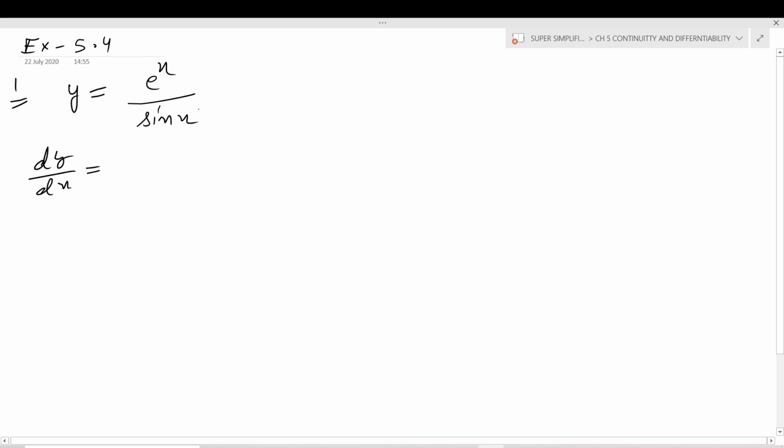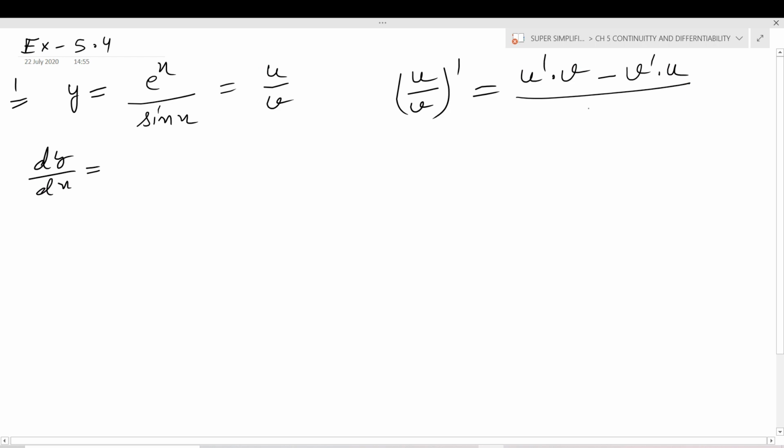You can call it u upon v, and let us remind the quotient rule: (u/v)' is equal to (u dash into v minus v dash into u) divided by v square. Hence the derivative will be: derivative of e^x is e^x into sin x, minus derivative of sin x, which is cos x, into e^x, divided by sin x whole square, meaning sin square x.